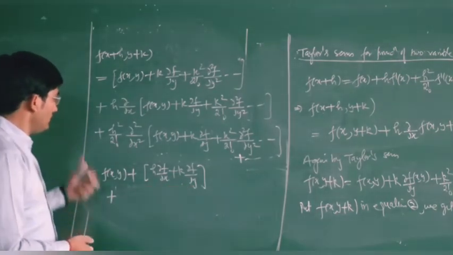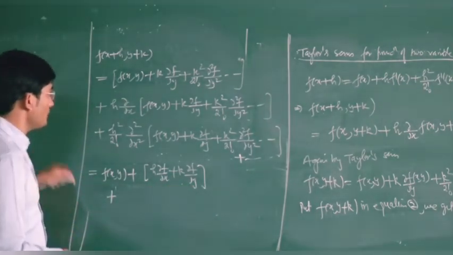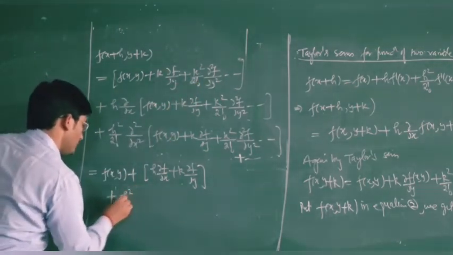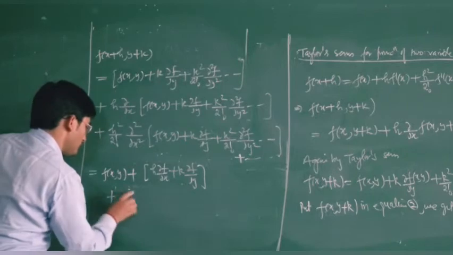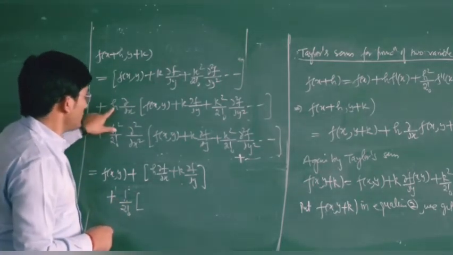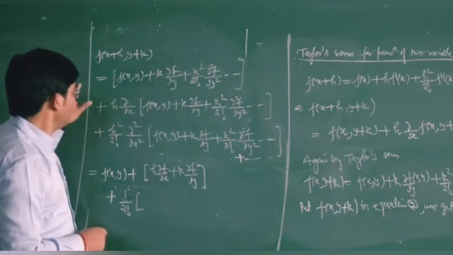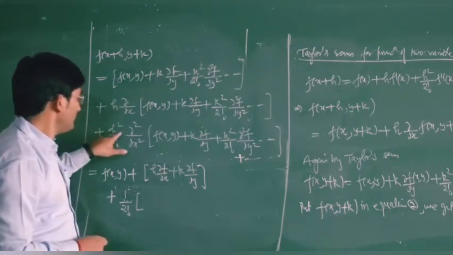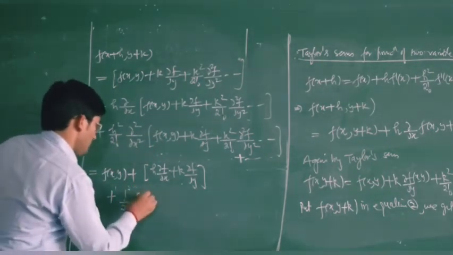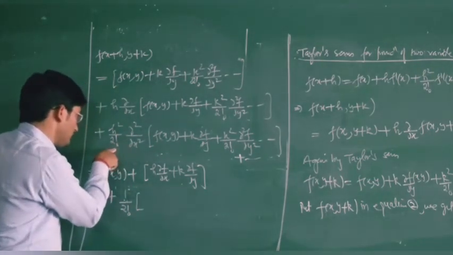Then let us find out the terms of order 2. For order 2 we will have 1 upon factorial 2. Then in the bracket, this is your h square del 2 f upon del x2. So we have already taken factorial 2 common.